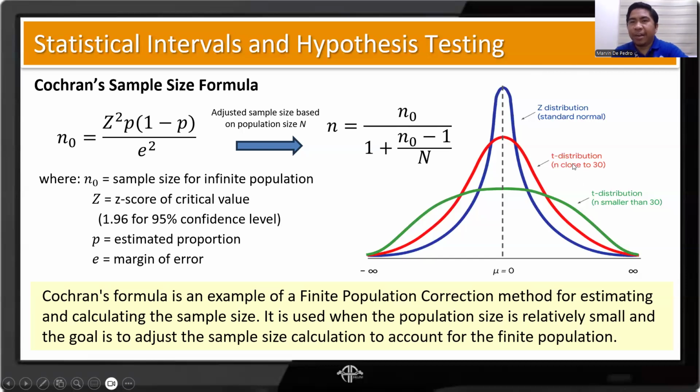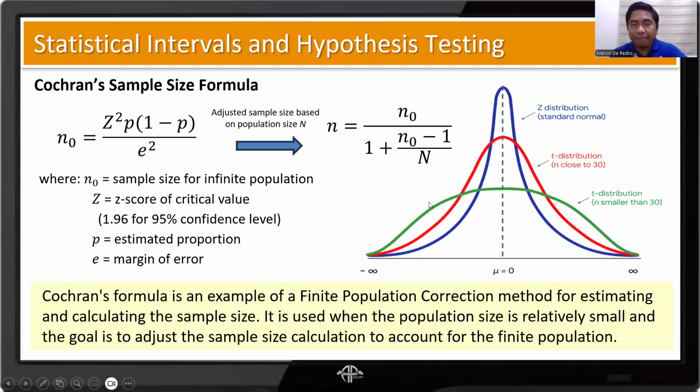So there are parametric types of t-tests, and we have non-parametric types of t-tests. Those are for smaller than 30. But sometimes we allow that, especially for students. Smaller than 30 is not advised, but it depends on the type of the project.